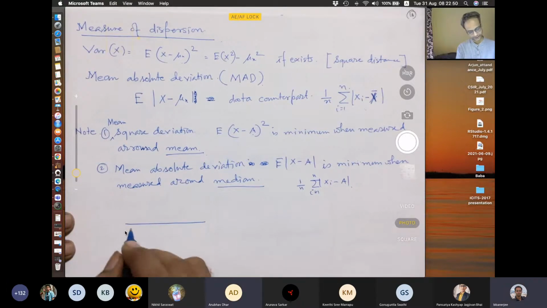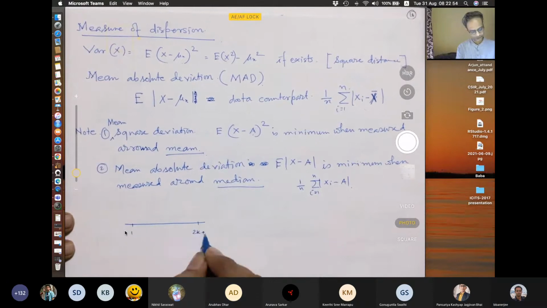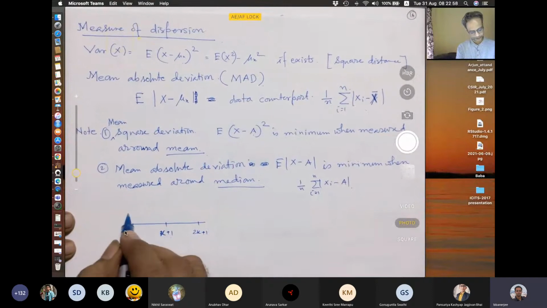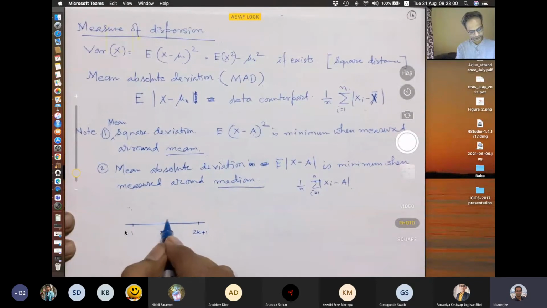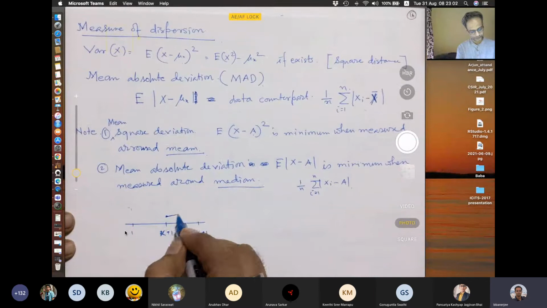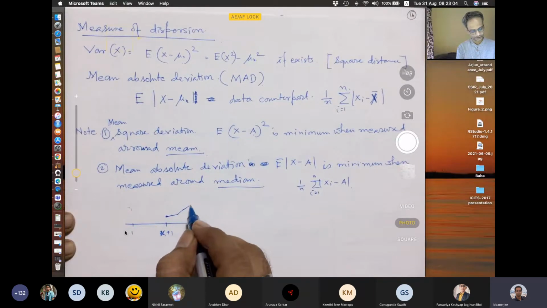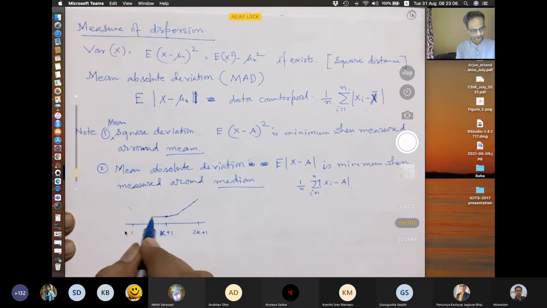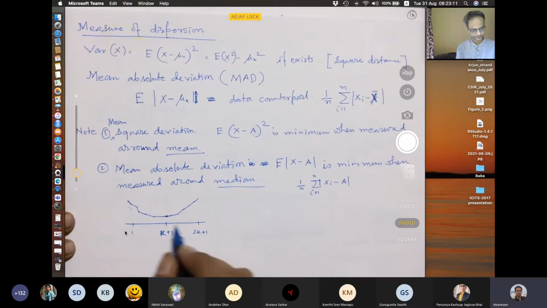Yes, so if there are an odd number of observations, the minimum will be at the middle, and then it increases in this way.